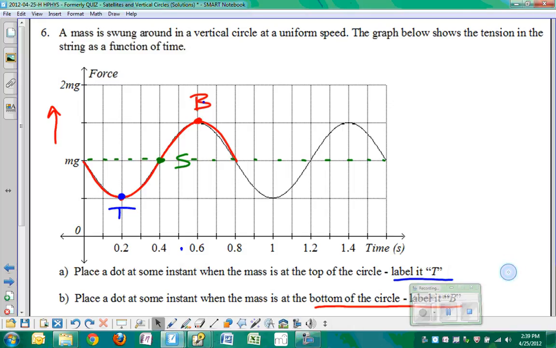With apologies to fifth period, I want to revisit this problem number 6. We talked about, and have a different recording of, when I discussed the tensions at the top and bottom of the vertical circle.